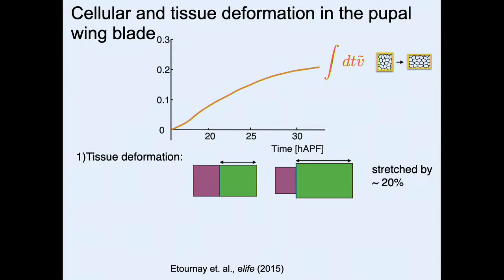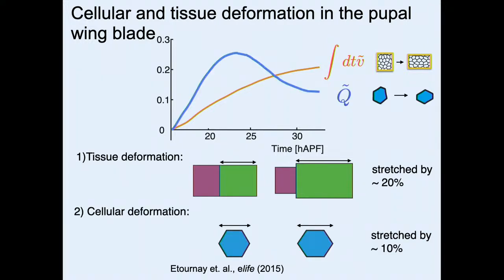So this is the velocity gradient integrated over time. What should it quantify? It should quantify how much the total blade length has changed. And if you look at this number, it is roughly 0.2. So the total tissue has stretched by 20% of its original length.